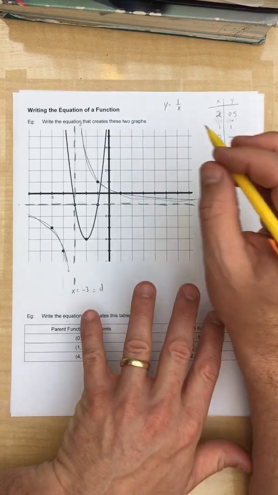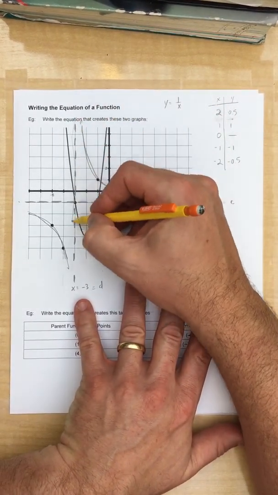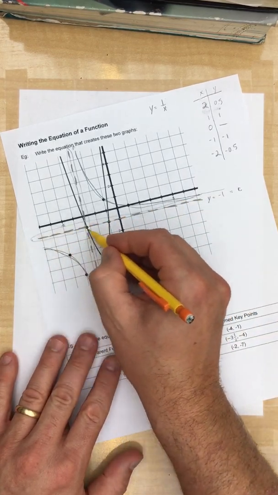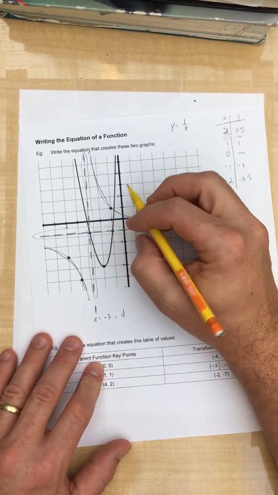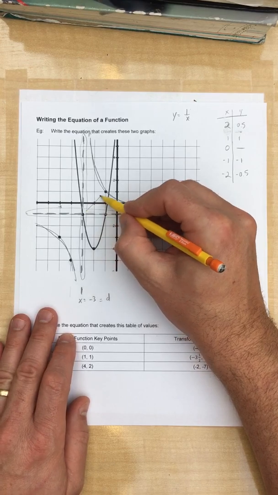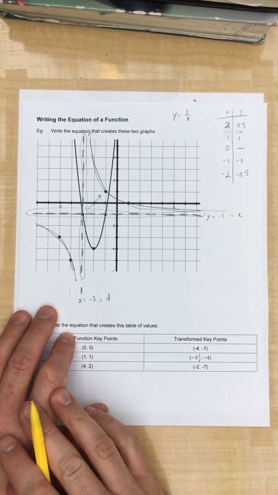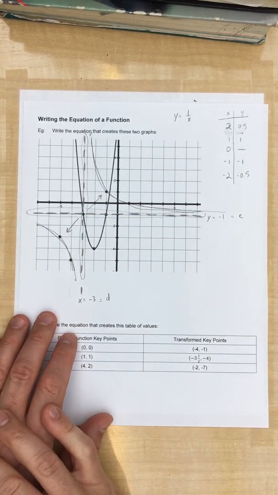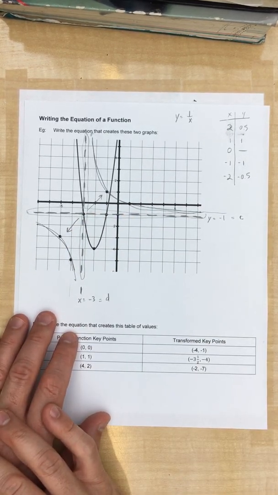The transformed function, and again, you have to look at the asymptotes because they kind of create a new axis. And what we see is that the point that was 1, 1 is now that point. The point that was -1, -1 is now that point. Okay?